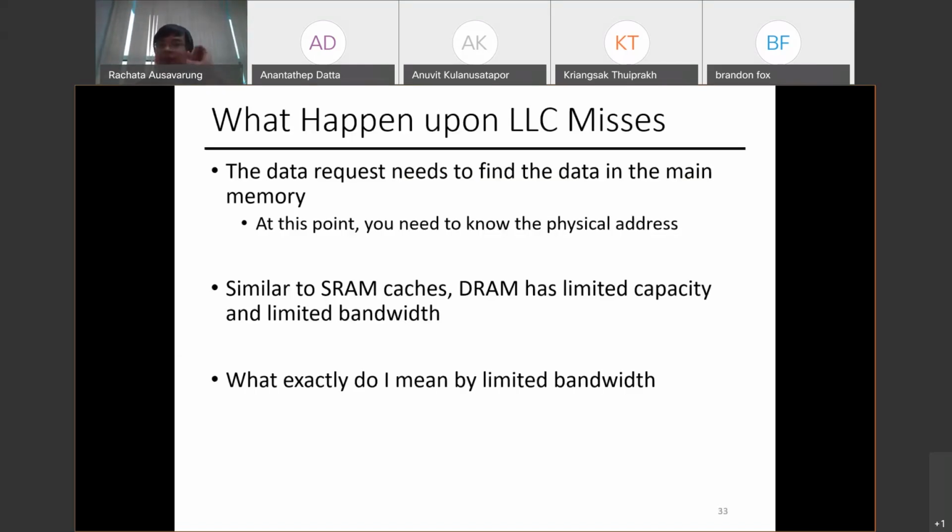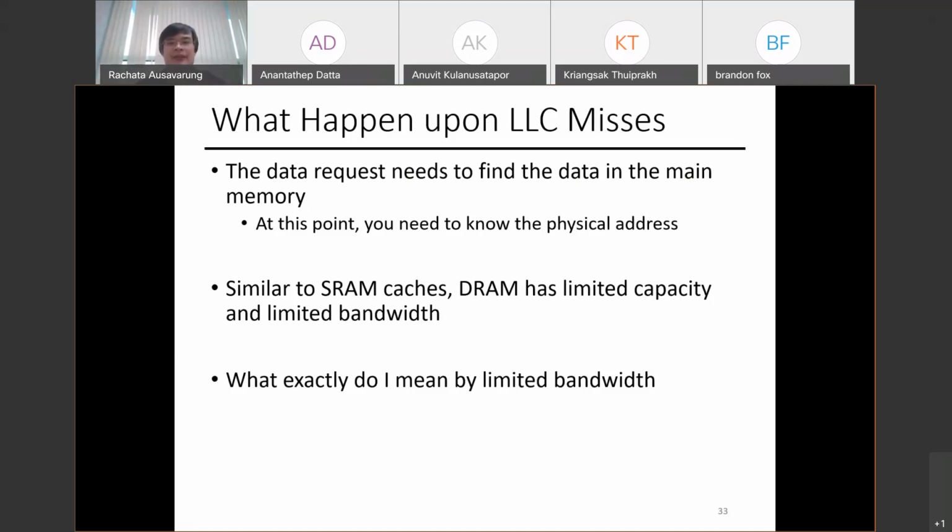The capacity point of view is pretty obvious. Basically, if you buy a 12 gigabyte DRAM, you cannot use more than 12 gigabytes. If you use 32 gigabytes of DRAM in the system, you can't use more than 32 gigabytes. There is a lot of work that goes into how to pack more capacitors so that one DRAM can contain more data.